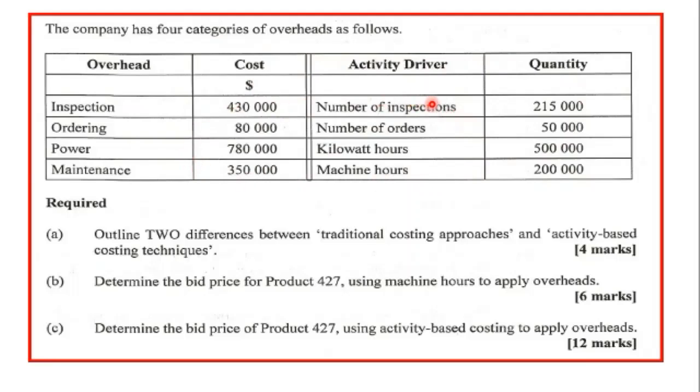This is not just for job 427. So what you do is you take these and calculate the rates, and then apply the rate to job 427.